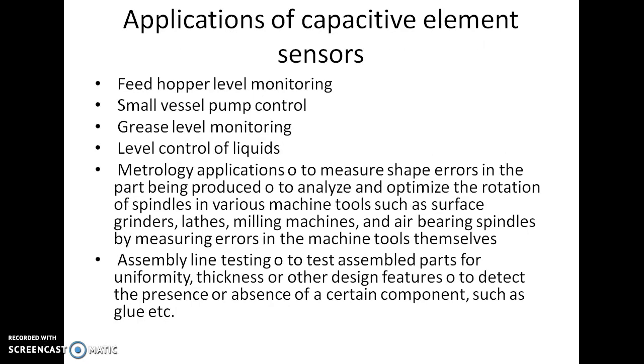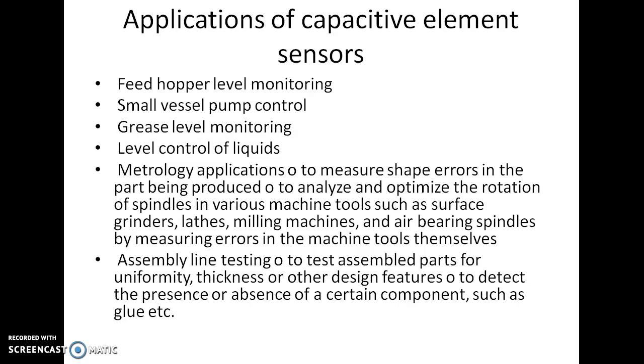Applications of capacitive element based sensors: feed hopper level monitoring, small vessel pump control, grease level monitoring, that is lubricant or coolant level monitoring, and level control of liquids in different elements.